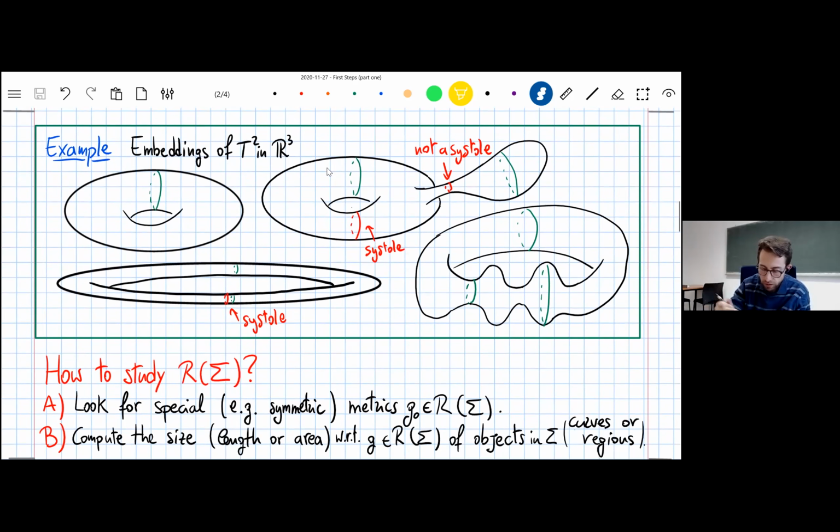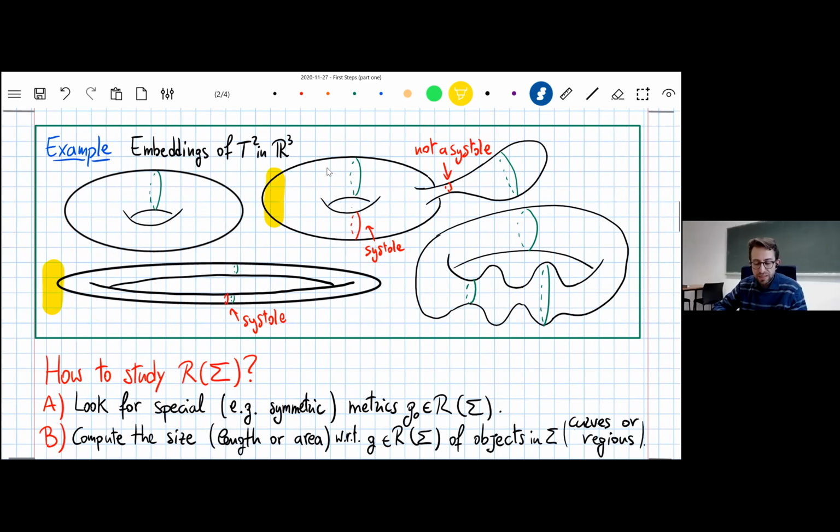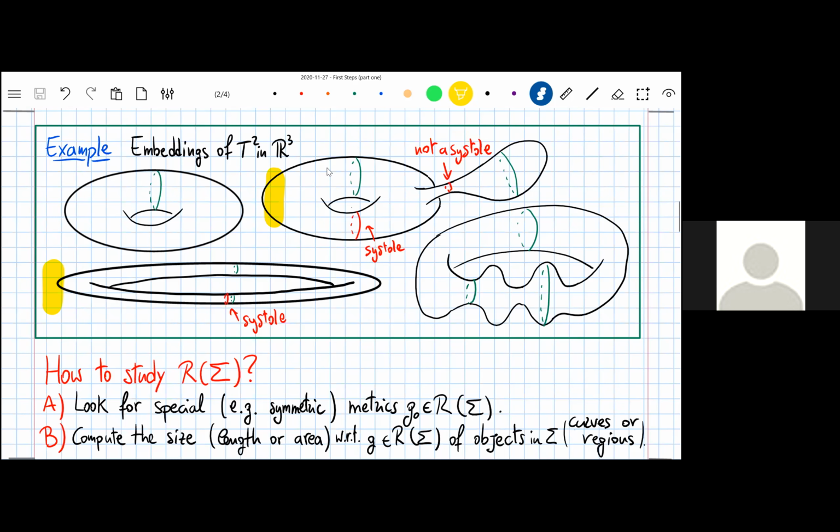Now, for example, in this case here, or in this case here, the systole is relatively short, but the manifolds are actually big. Okay, so this means that if you have a systole which is small, then you can always add some part of the manifold, make it bigger. And here by bigger, you have to measure it in some way. So you can use, for example, the diameter of the manifold or the total area of the manifold.